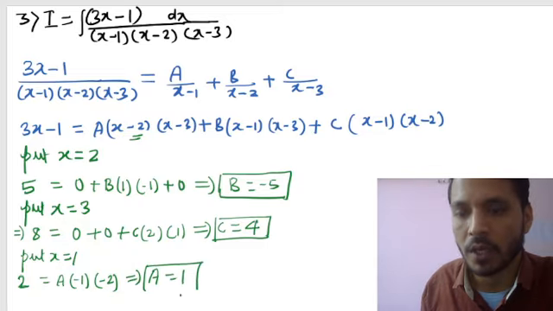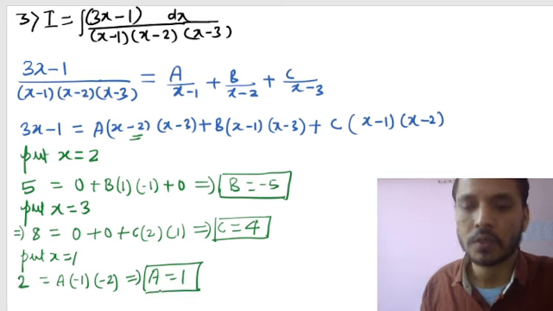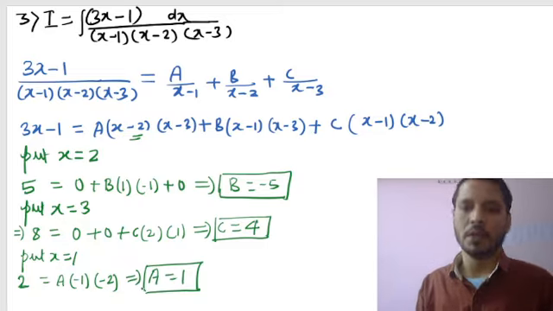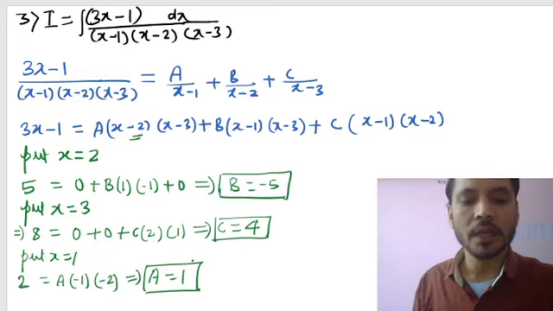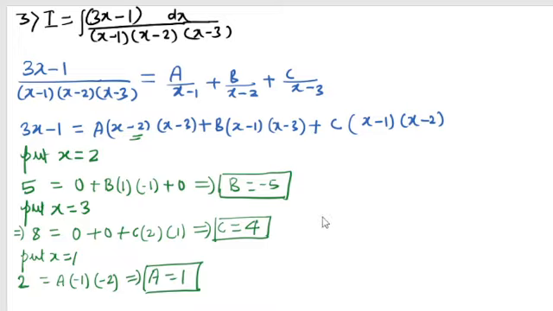So now finally we can write our answer. Answer will be a is 1, c is 4, b is minus 5. So here I will write the answer on the right side. This will become I is equal to what?